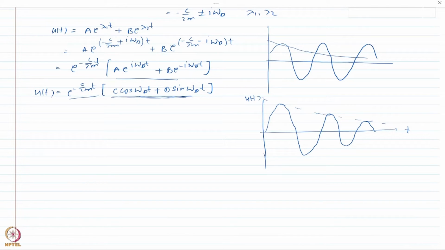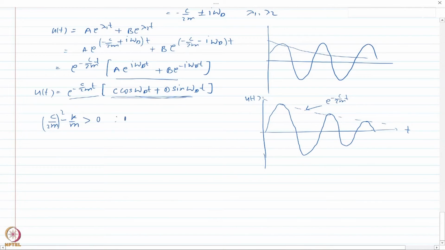And here, the envelope curve can be represented as e to the power minus c by 2m times t. So it is decreasing at this rate. What I found out is that for the term C by 2m squared minus K by m, when it is greater than 0, I get no oscillation.